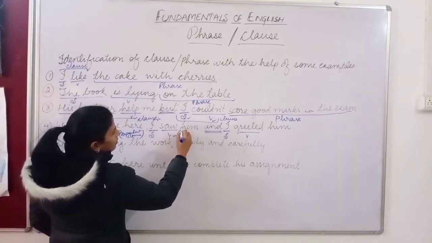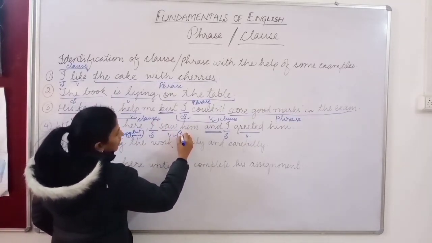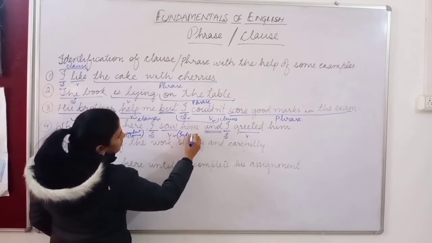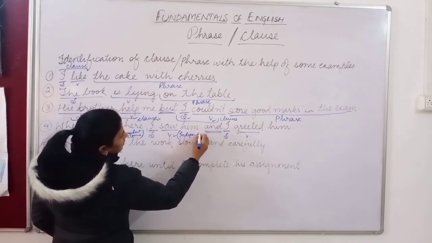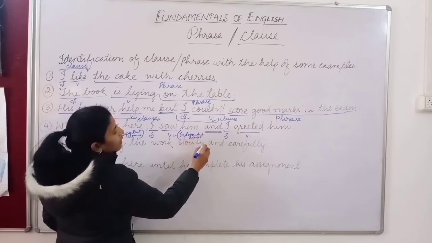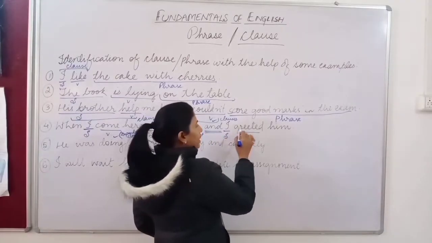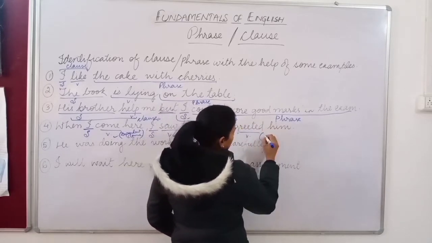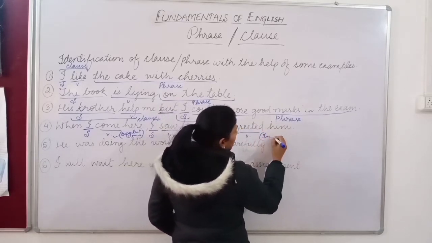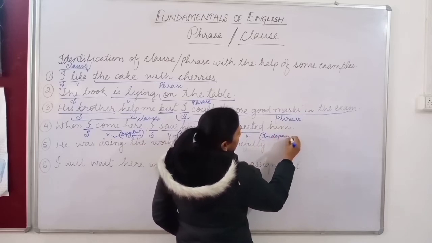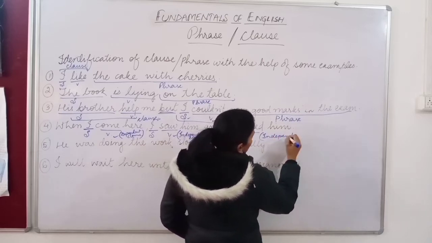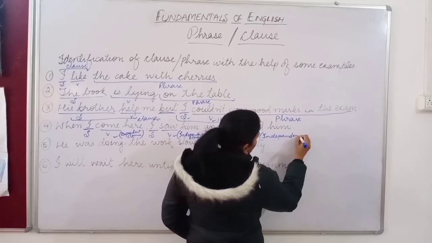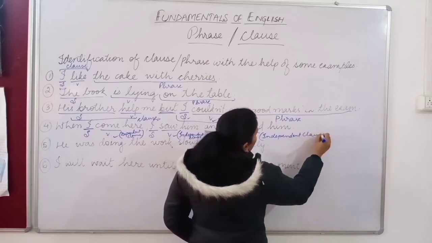"I saw him" is your independent clause, and also "I greeted him" is an independent clause.